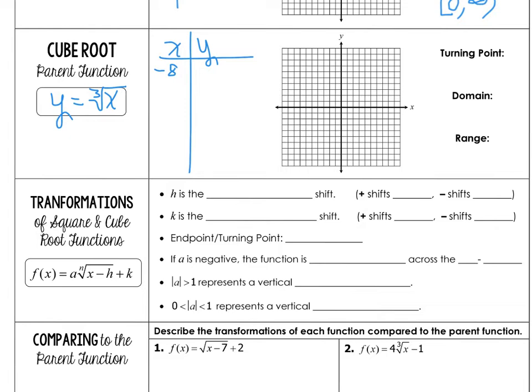So the next number after negative 8 is negative 7. That's a no. Negative 6, no. Negative 5, no. Negative 4, no. Negative 3, no. Negative 2, no. But negative 1 is a perfect cube. So then we're going to put in negative 1. And then 0 is the next number, and you can take any root of 0 you want to, just like you can take any root of 1 as well. So 1 is another perfect cube, and then going to the right, of course, would be 8, and that's all of our perfect cubes.